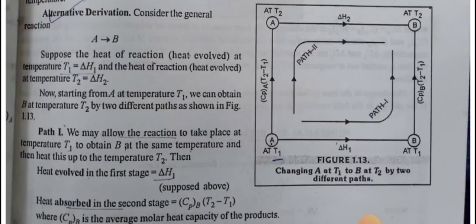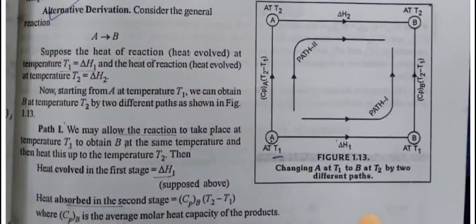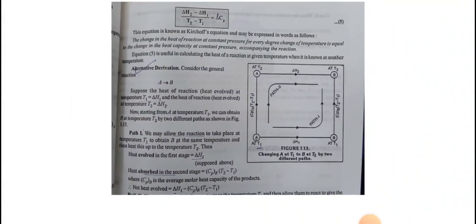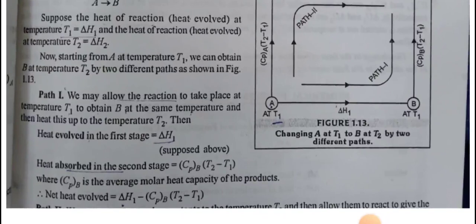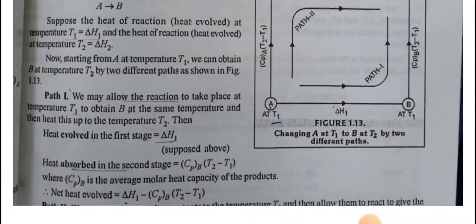Path 1: we may allow the reaction to take place at temperature T1 to obtain B at the same temperature and then heat it up to the temperature T2. Then heat evolved in the first stage is equal to delta H1. Heat absorbed in the second stage is equal to Cpb (T2 minus T1), where Cpb is the average molar heat capacity of the products. Net heat evolved is equal to delta H1 minus Cpb into (T2 minus T1).